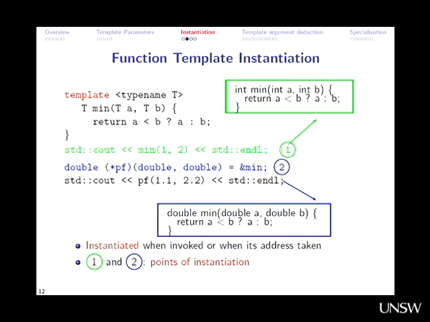If it tried to compile every possible version of that min when it first saw it, it would go and compile every single possible version of it, and it'd be horrible. So function templates are only instantiated when they're invoked or when their address is taken. So the address is this ampersand of the function up here, for a function template. So points 1 and 2 on the slide are the points where this template gets instantiated.